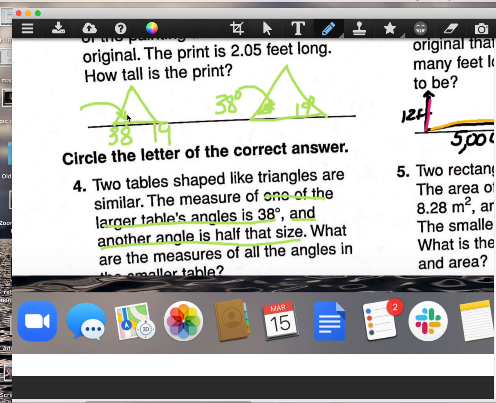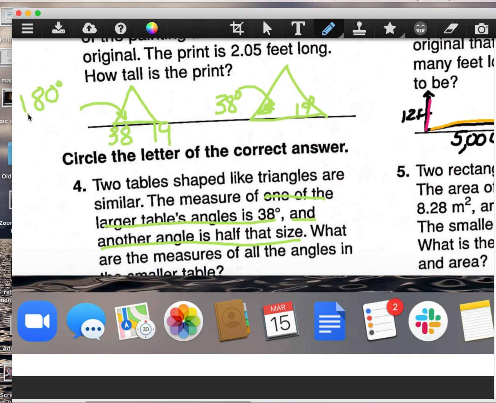You have to know that in a triangle, if I add this angle plus this angle plus that angle, when you add those 3 together, they always equal 180 degrees total in a triangle. In a square, it's 360. That's double. In a triangle, it's 180.